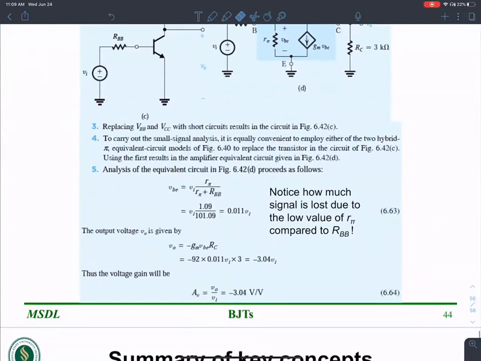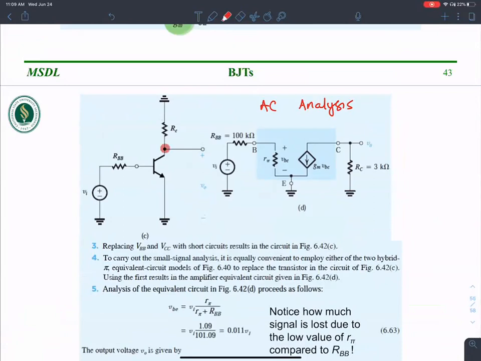Or in other words, at some point, not just the signal swing, if you make this resistance really, really large, the voltage here, VC, is going to keep falling so fast that it is eventually not reverse biased and it comes out of the active region.